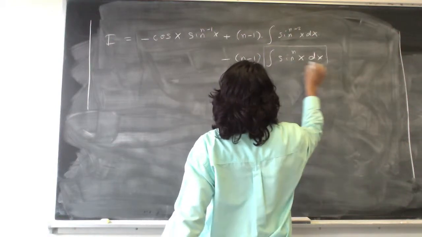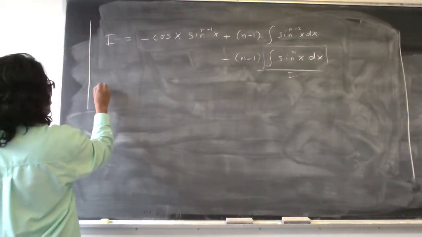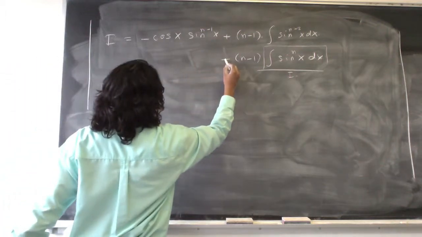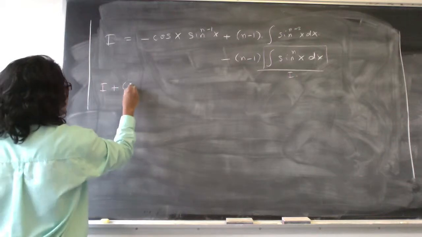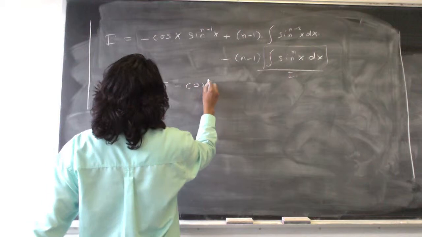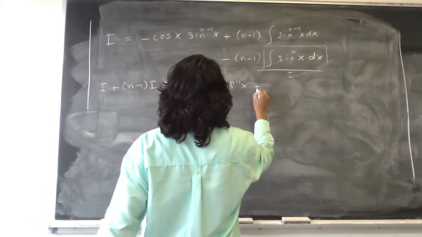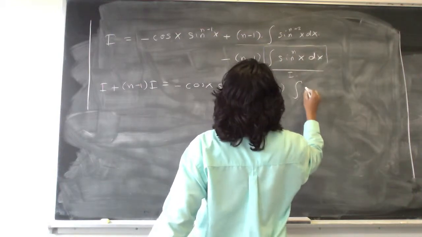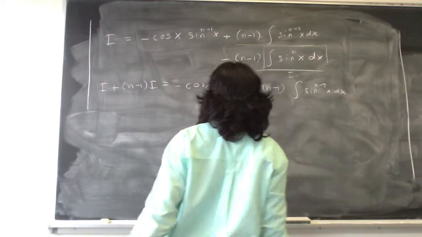But this is just I, so I can rewrite this, taking minus n minus 1 times I to the other side: I plus n minus 1 times I equals minus cosine of x sine to the power n minus 1 of x plus n minus 1 times the integral of sine to the power n minus 2 of x dx.